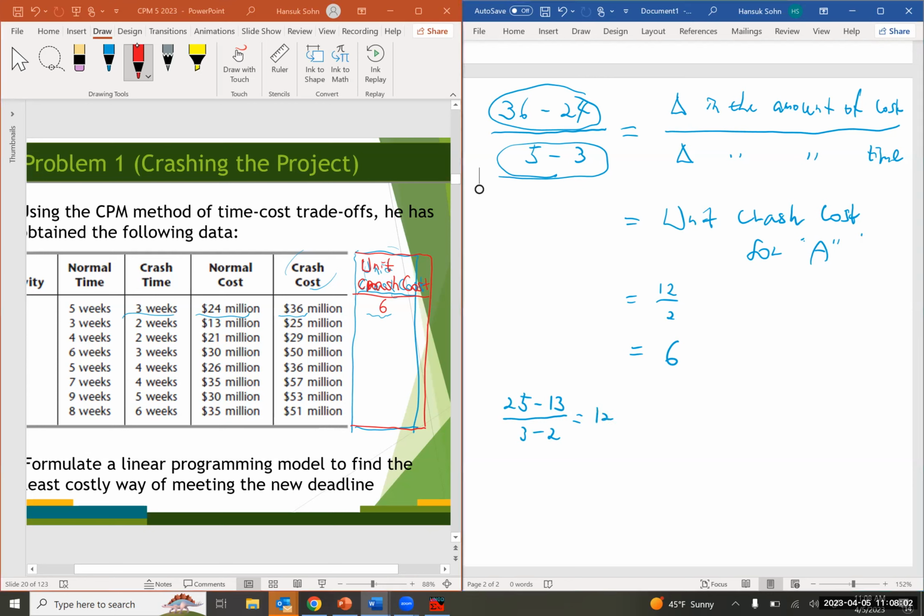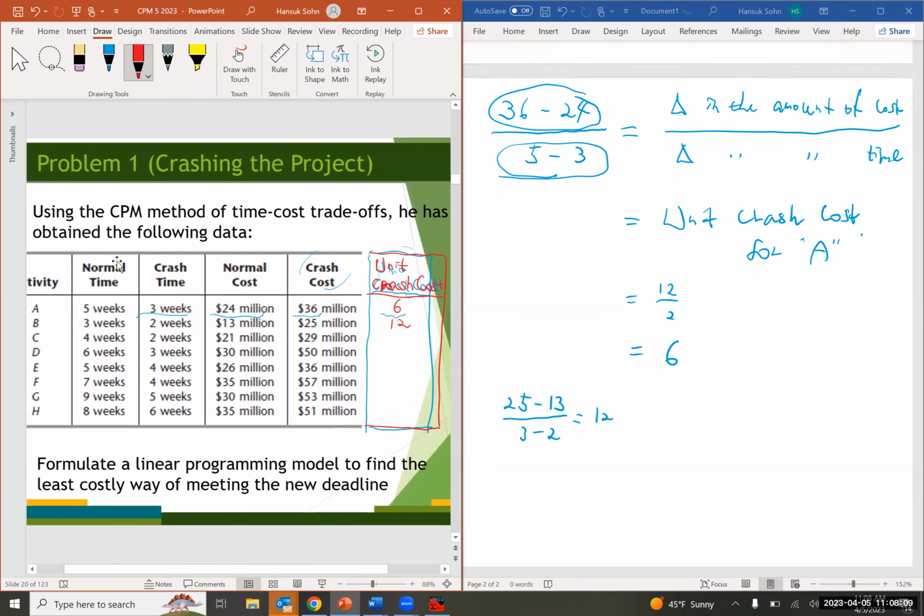So we have 12 for activity B. And what about C? For C, it's going to be 29 minus 21 over 4 minus 2. How much is that? That's 4, right? So we have 4 down here.